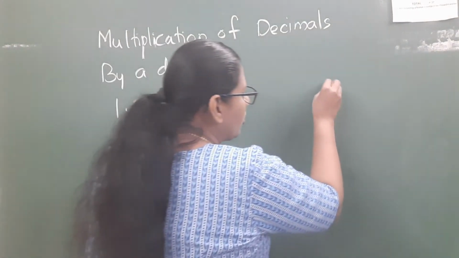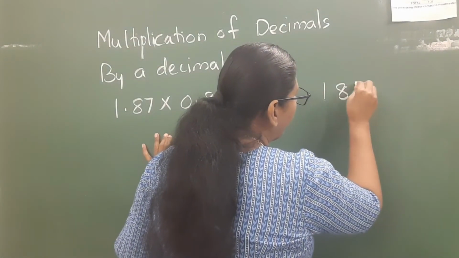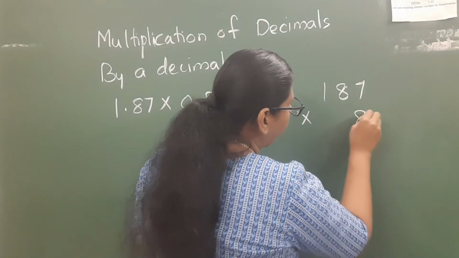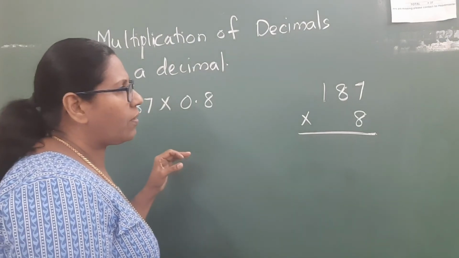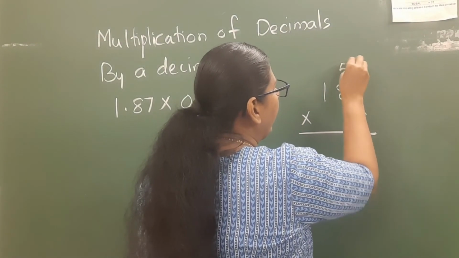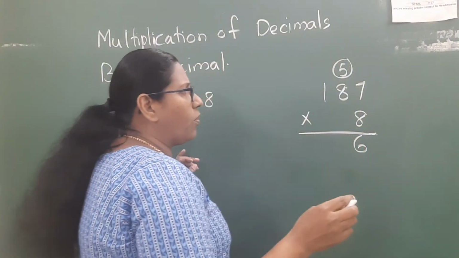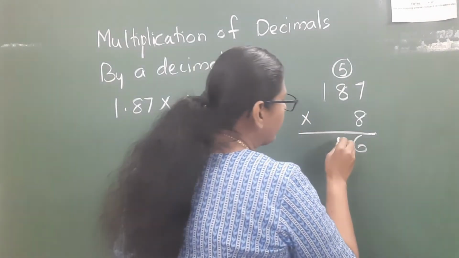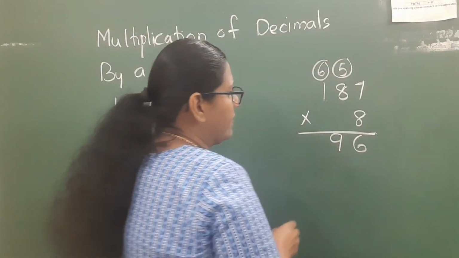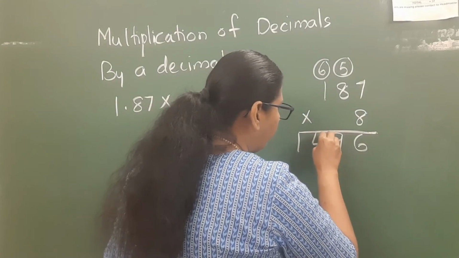Let's do the multiplication by ignoring the decimal point. 187 into 8. 8 sevens are 56. 5 we have carried to the tens place. Then 8 8s are 64. 64 plus 5, 69. 6 we carry to the hundreds place. 8 ones are 8 plus 6, 14.